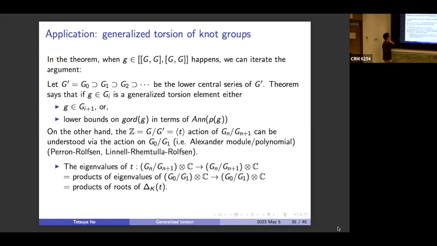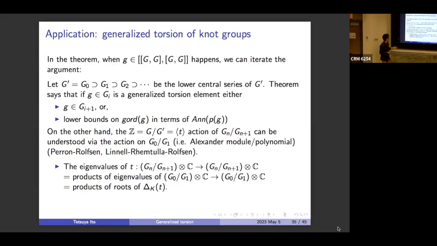Then we get that z is in the (i+1)-th commutator subgroup, or we get a lower bound of the generalized torsion order in terms of some annihilator ideal. Fortunately, for many good cases, this annihilator ideal is also understood by the Alexander polynomial.